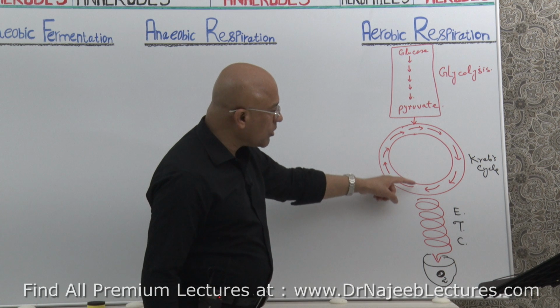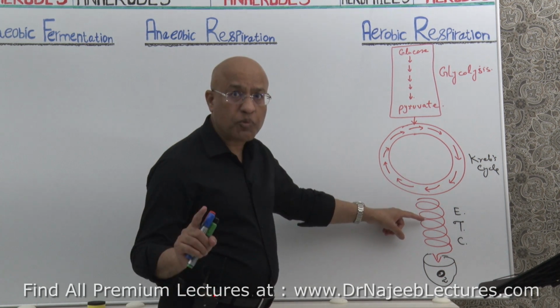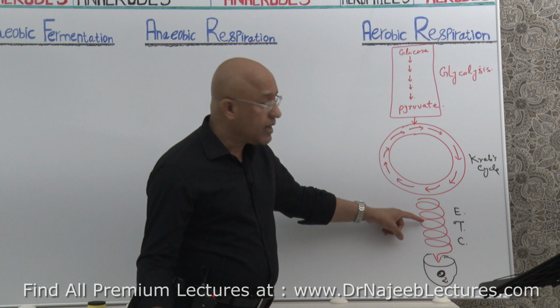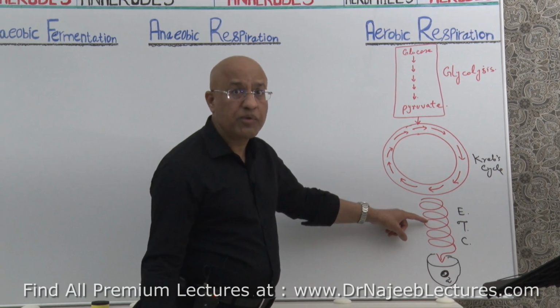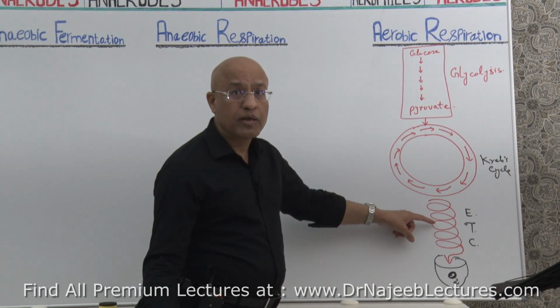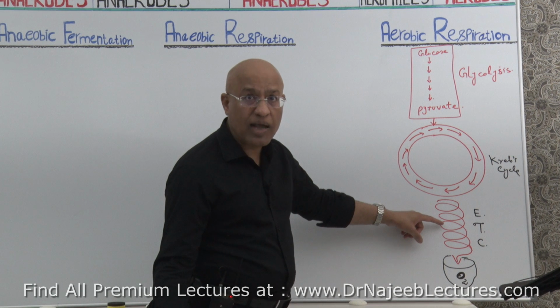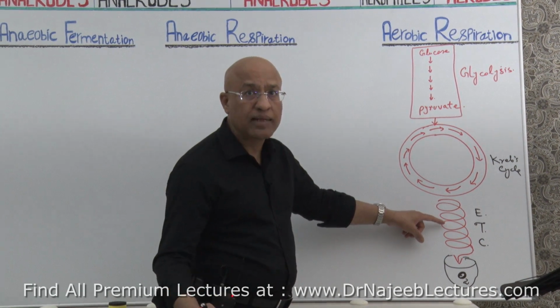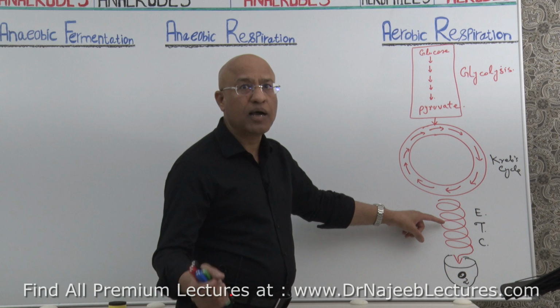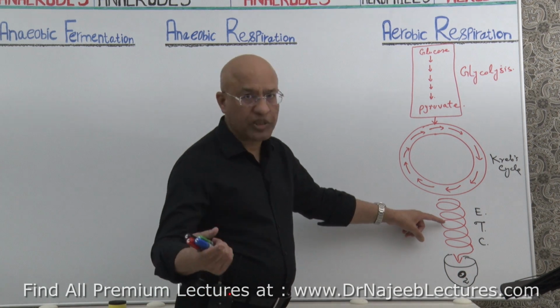While we are breaking down these products, glucose and its derivative products will eventually be broken down into carbon dioxide and water, and a lot of energy will be produced, and that energy will be trapped in the form of ATP.